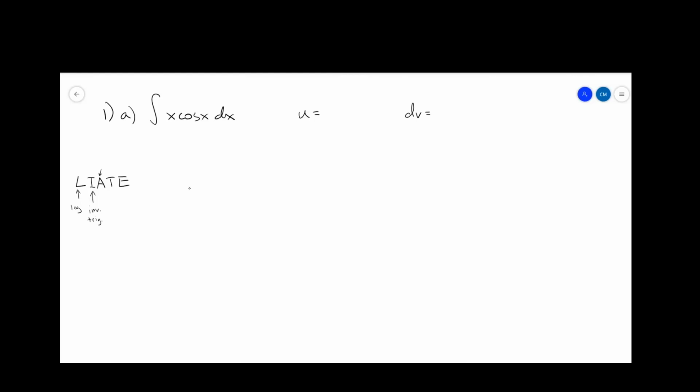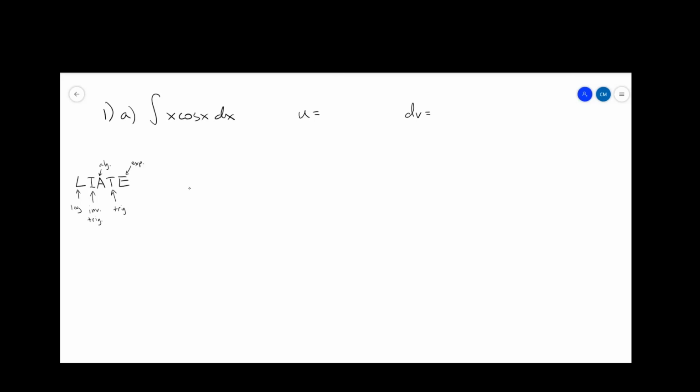A, algebraic functions. And then T, just regular trig functions, not inverse trig functions. And finally, E, exponential functions. So there's your memory aid to help you decide what you should make u be.